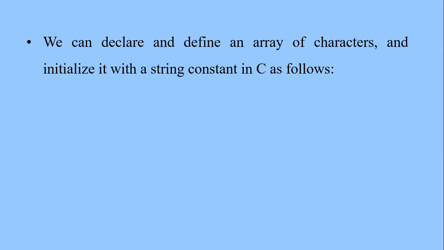We can declare and define an array of characters and initialize it with a string constant in C as follows. For example, char, our memory location name being message, and then we don't need to specify the size because the size will be automatically allocated once we assign our string into the array of char.